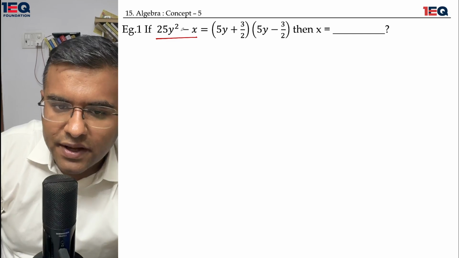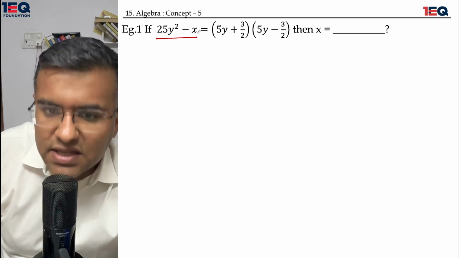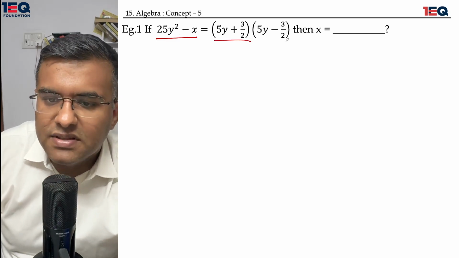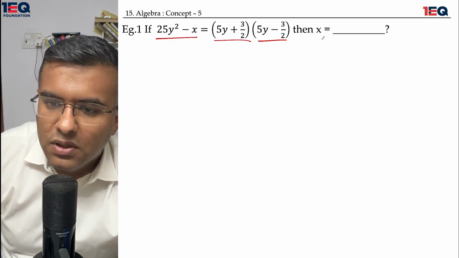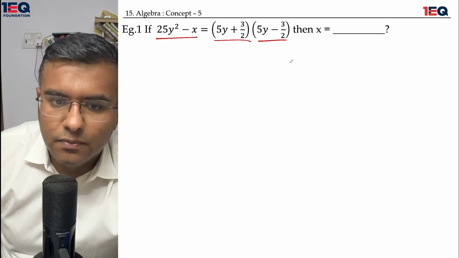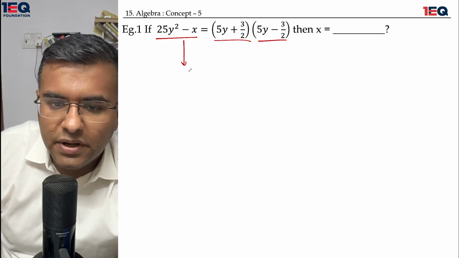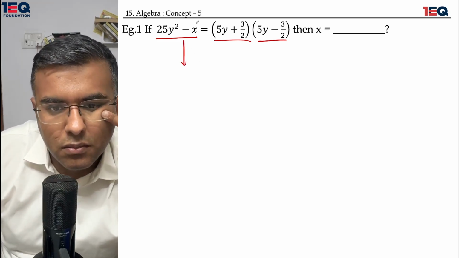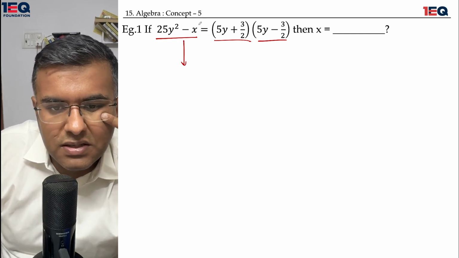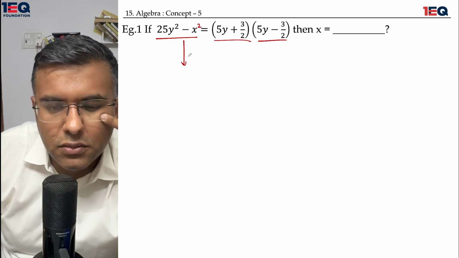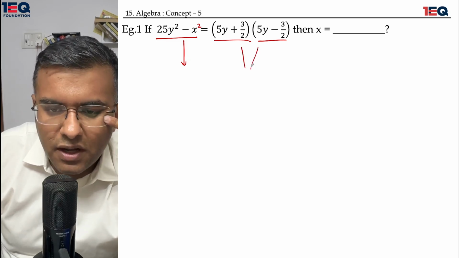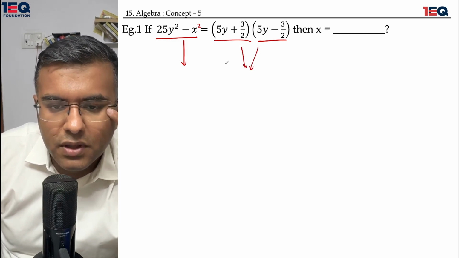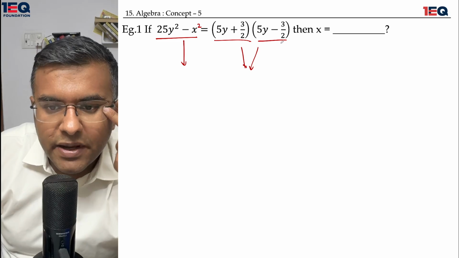If 25y square minus x is equal to 5y plus 3 by 2 times 5y minus 3 by 2, then what is the value of x? So I'll first break things down here. There is a missing square sign over here, if I'm not wrong. First of all, I'll multiply the two together, a plus b and a minus b.